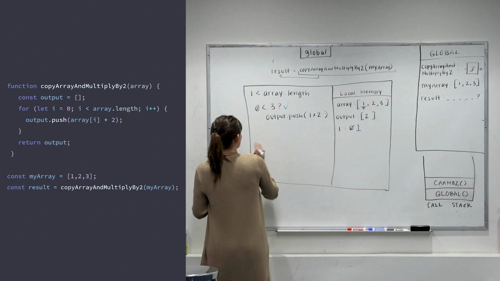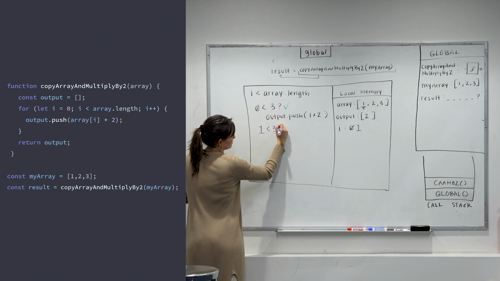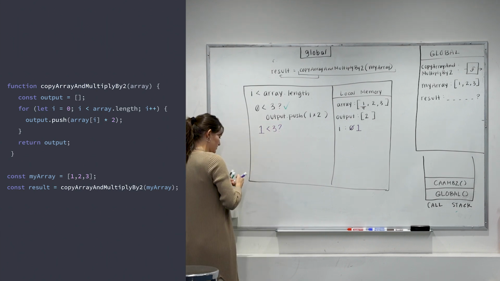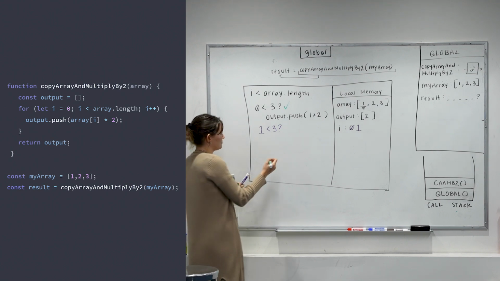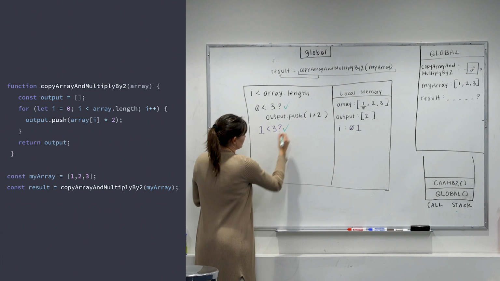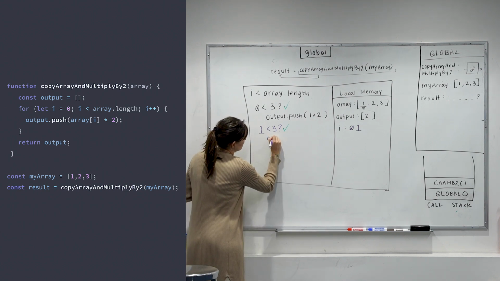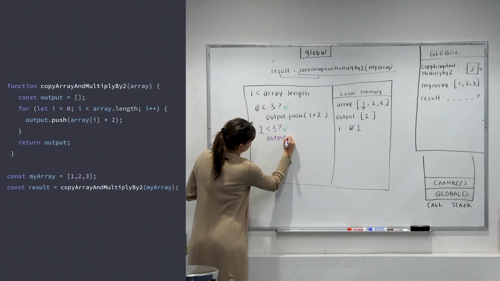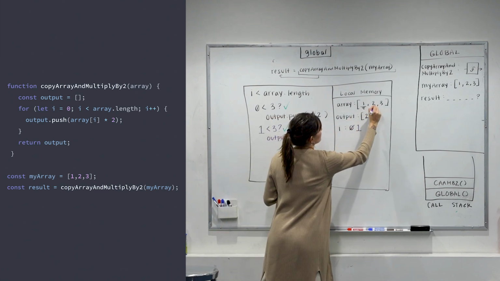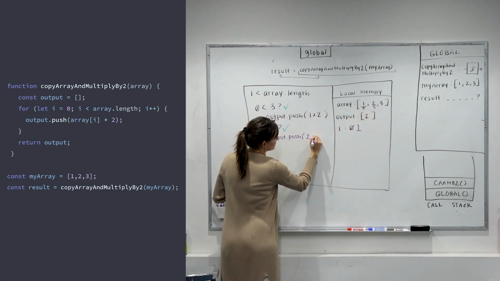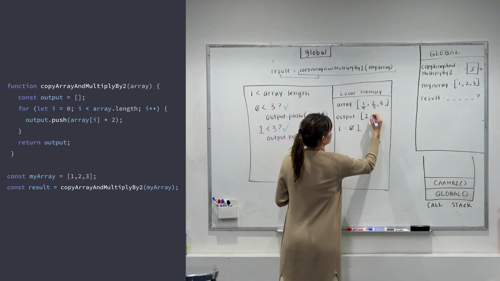And we will evaluate the breaking condition. 1 is less than array.length, which is 3. So we will enter the code block. And array at index 1 is 2. Super. So we'll multiply that by 2, equals 4, which will become the second element in the output array.